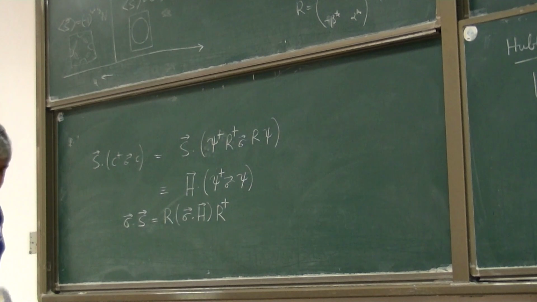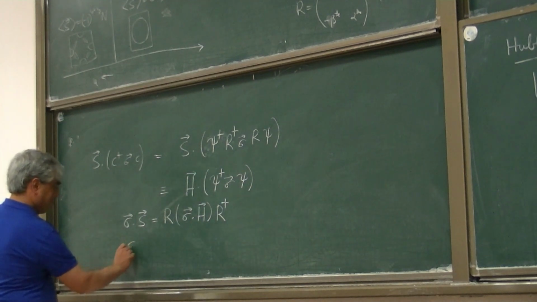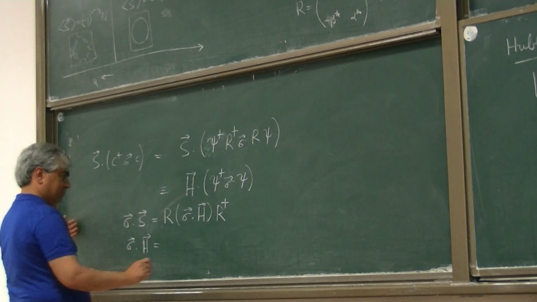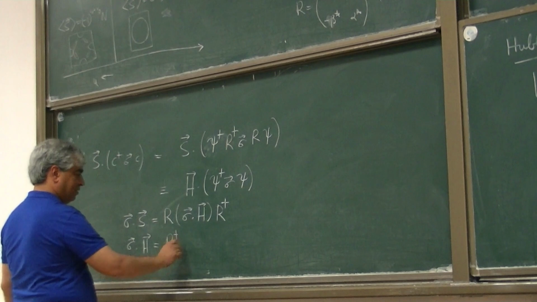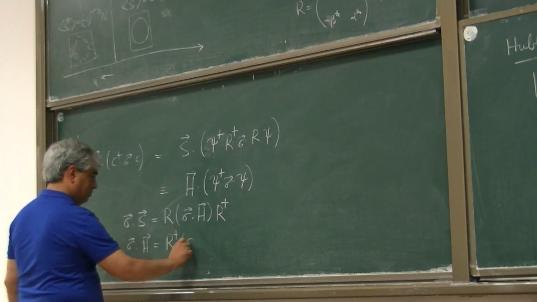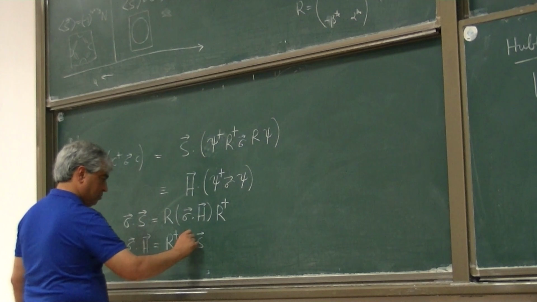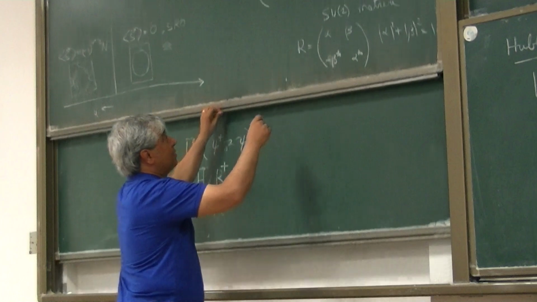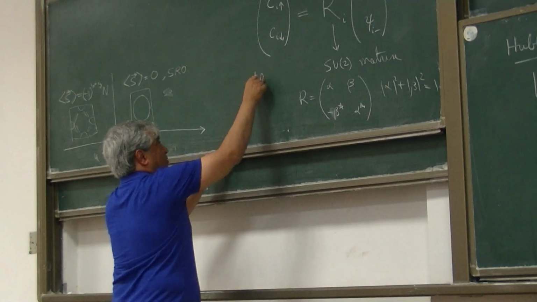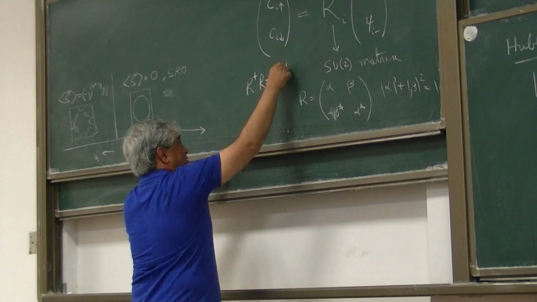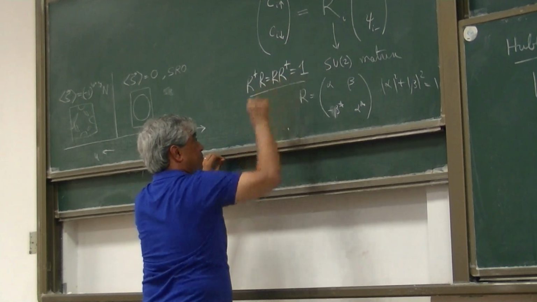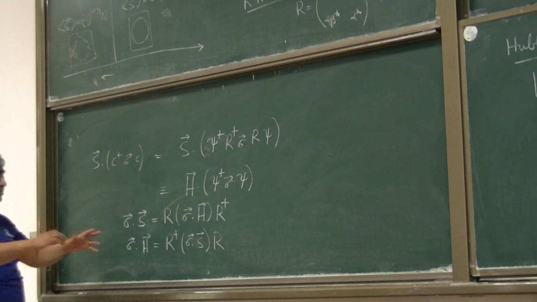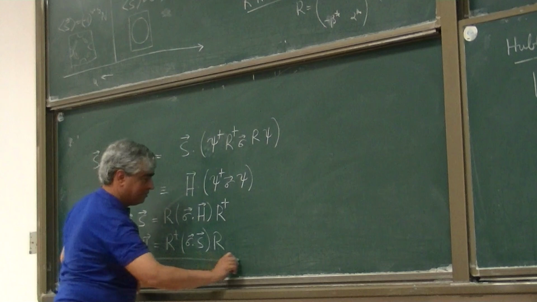Or conversely, you can also write sigma dot H is equal to R dagger sigma dot S R, just putting an R dagger here, so that R dagger R is 1. Okay, so from that you can get these relationships.